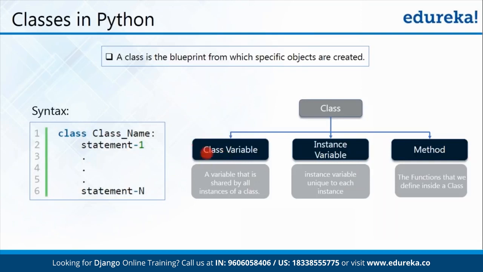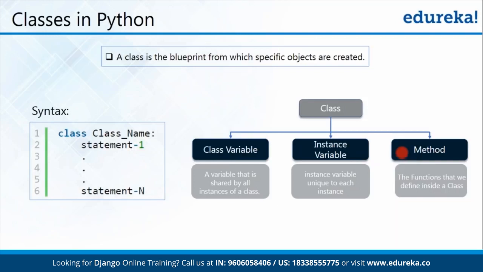There's a class variable, and this class variable is shared by all the instances or the objects of the class. When we talk about instance variables, these variables are unique to each and every object. Finally, when we talk about a method, a method is nothing but a function that we define inside a class. I hope we all are clear with what are the components of a class.